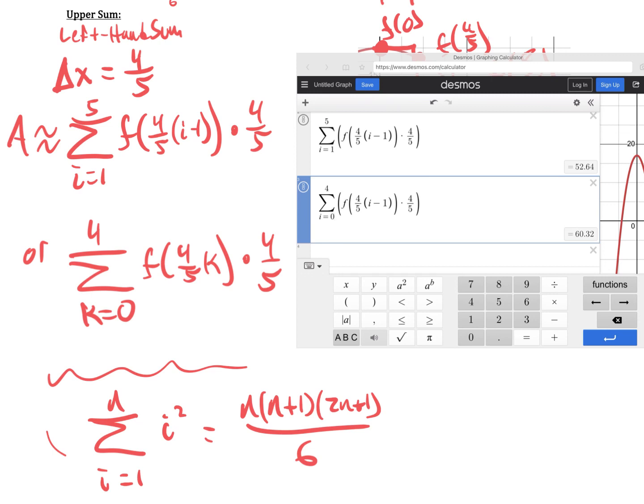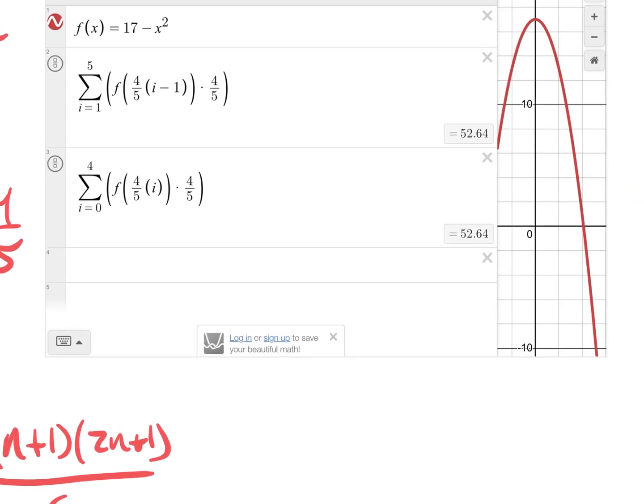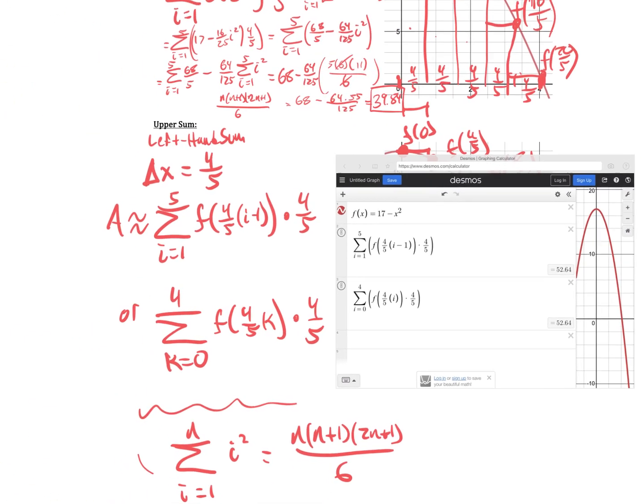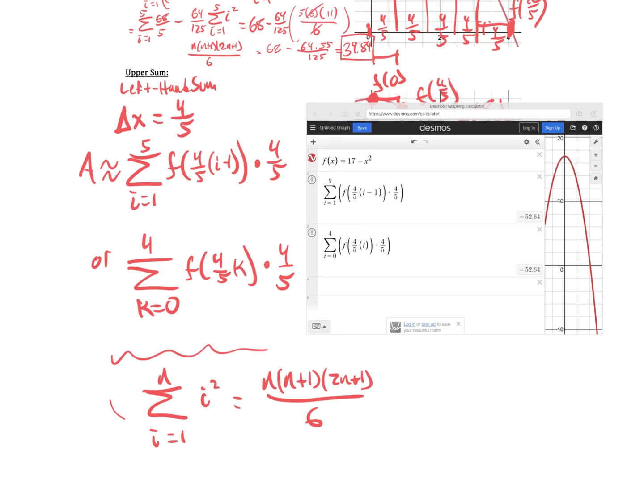And we have to take off this minus 1. And notice it's the same thing. So we get 52.64 for both of those. So there's our number. We get approximately 52.64, and they both would, because they're going to calculate the same thing.